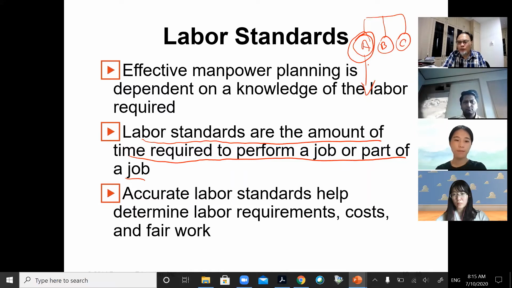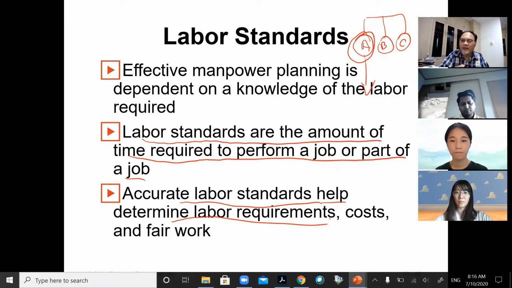I'm going to teach you roughly how to do it, not in detail. It is important because accurate labor standards are needed to determine labor requirements. If I have 100 rooms and occupancy is 50%, that's 50 rooms, so I need to clean 50 rooms on average every day.